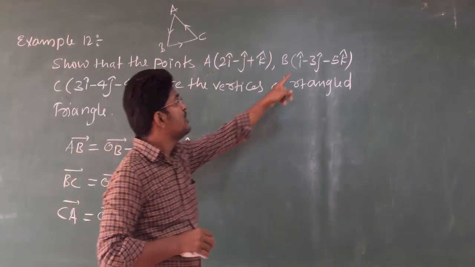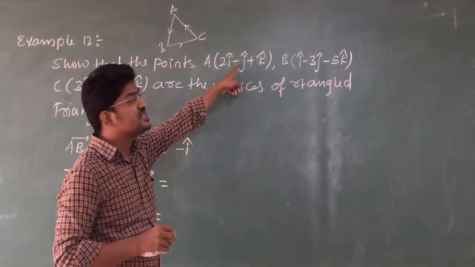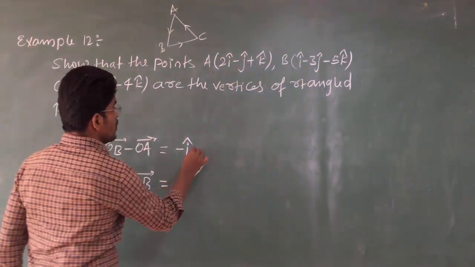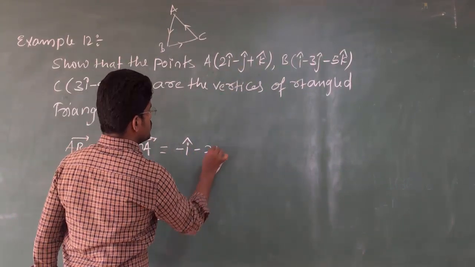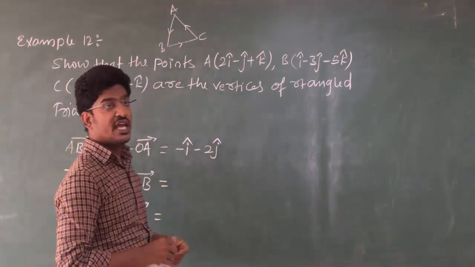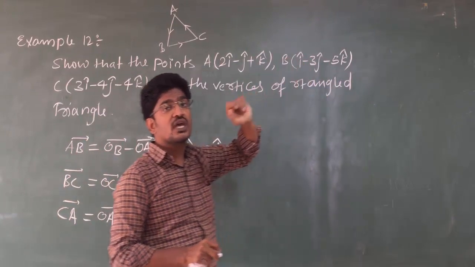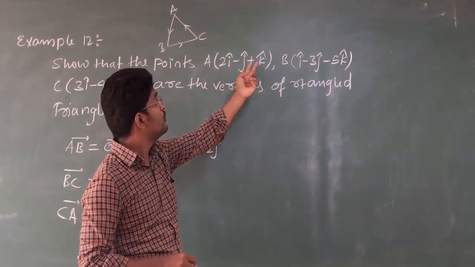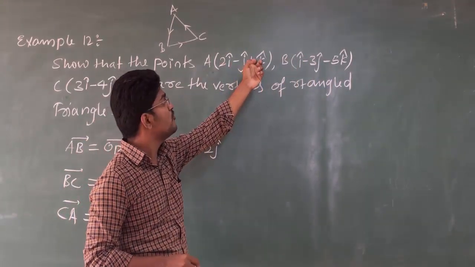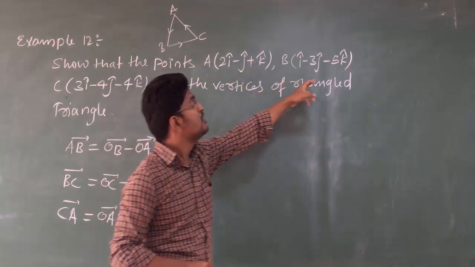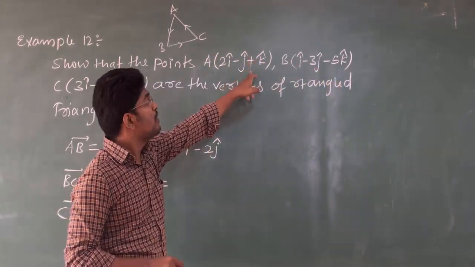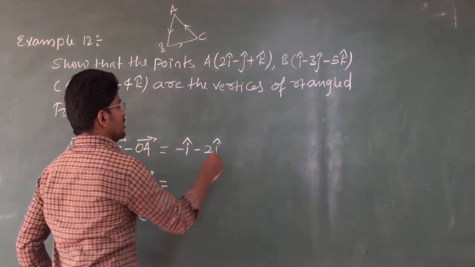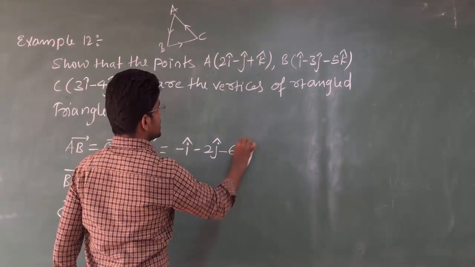So minus 3j cap plus j cap will give you minus 2j cap. Next, minus 5k cap minus of plus k cap means minus 5k cap minus k cap. It will be minus 6k cap.